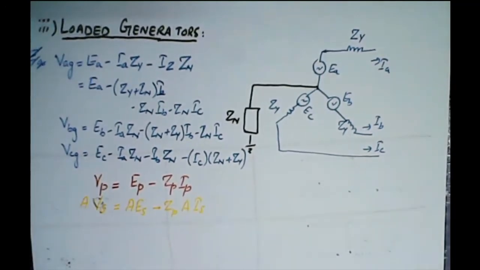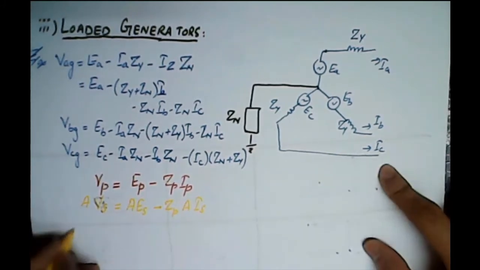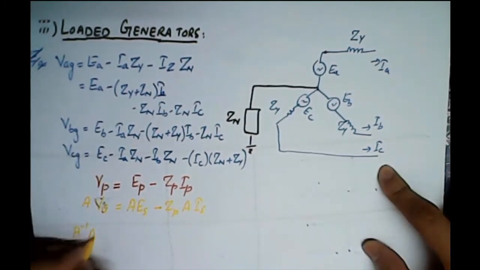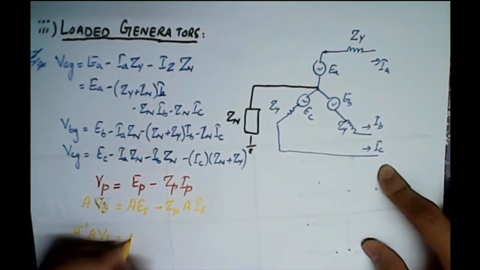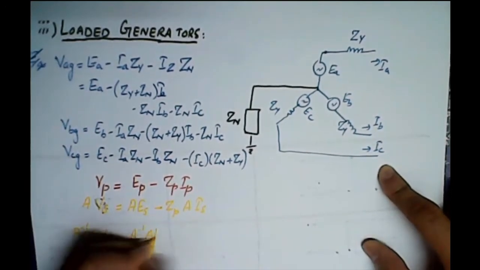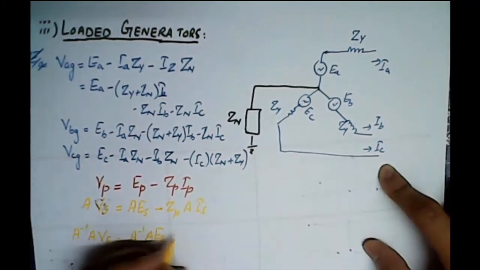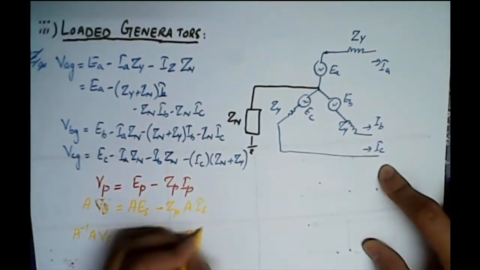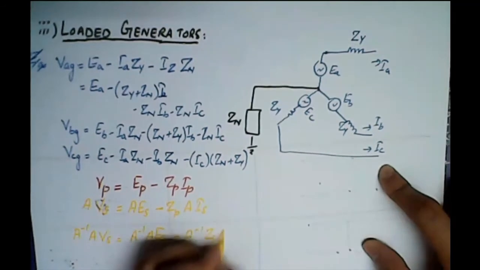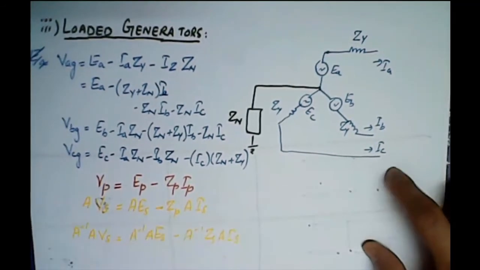What we have done is converted all the phase values into the sequence component values, and now let's pre-multiply with A inverse. A inverse AVs equals A inverse AEs minus A inverse Zp A Is, right?